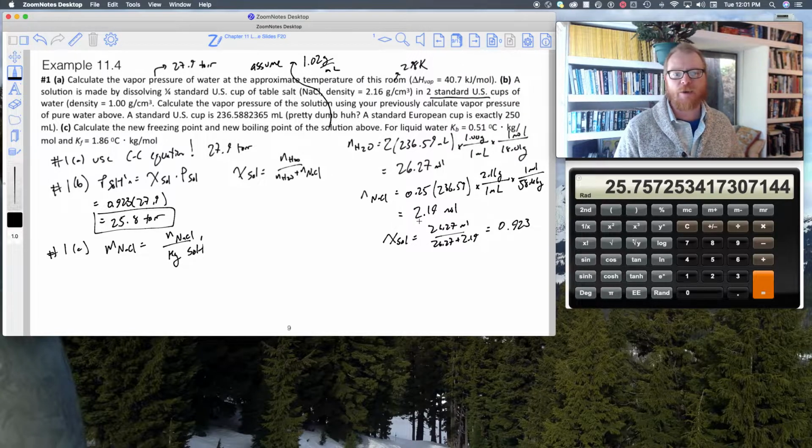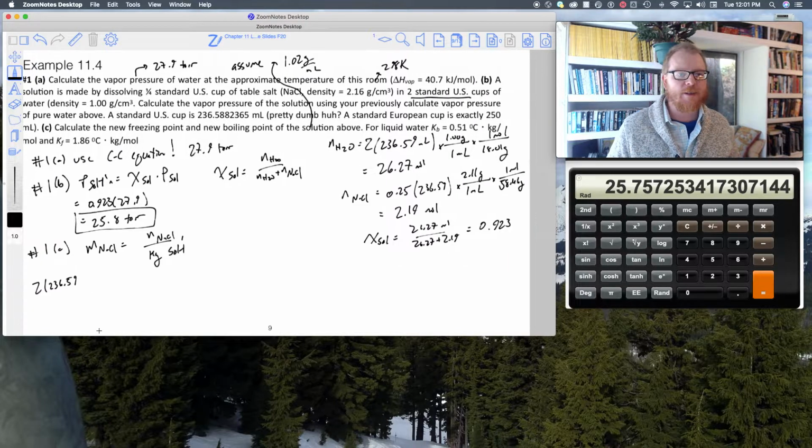So now let's see. To get this molality, or to get the mass of the solution, it's going to be, once again, the 2 times 236.59. Let's see here. Oh, you know what we can do?